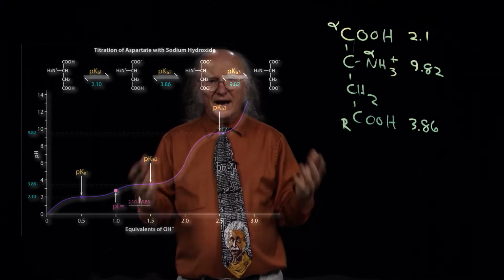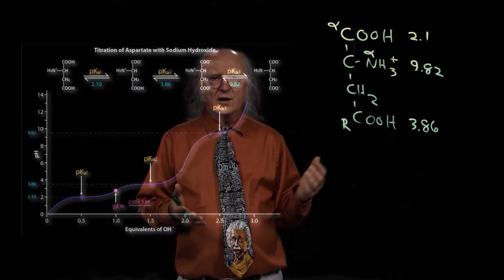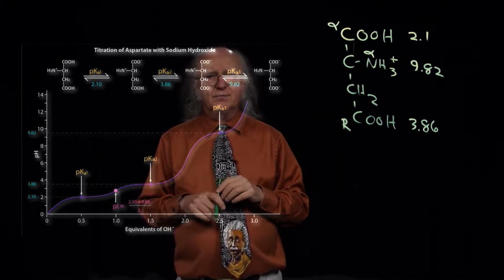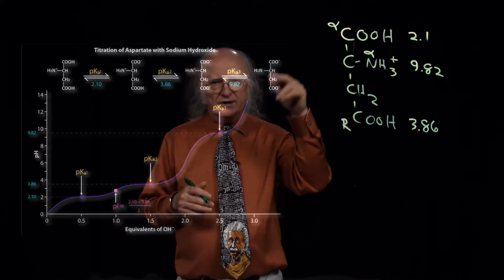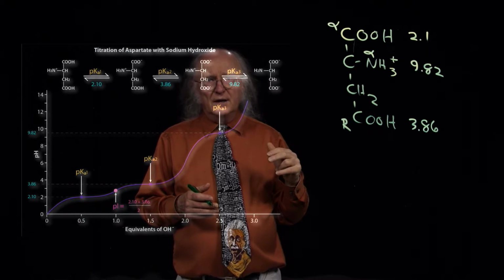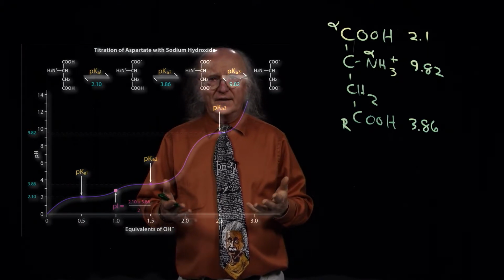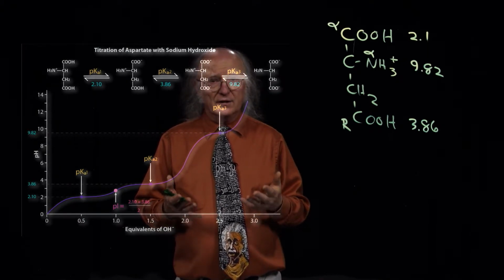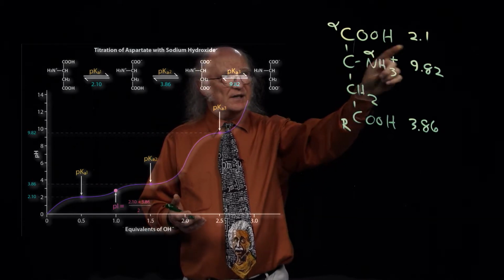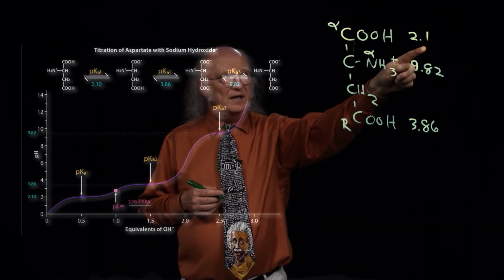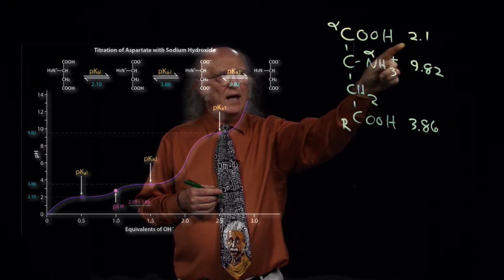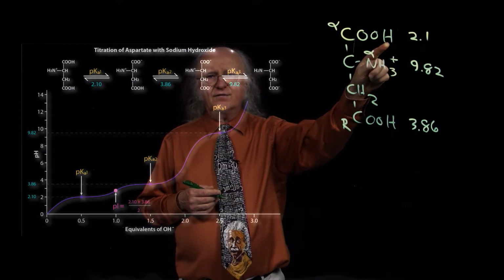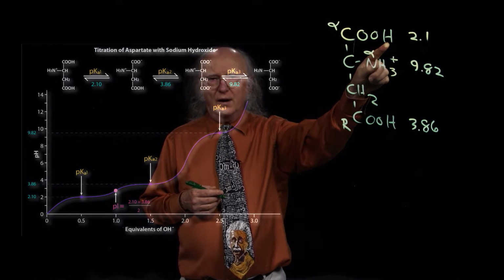That is, we're going to have everything in the acid form, because when the pH is below the pKa value and it's outside of that pKa range of plus or minus 1, then we have the acid form. And the acid form, of course, has the proton on. So this guy, which had a pKa value of 2.1, if we're looking at it at pH 0, it's going to predominantly be in this form here with the proton on.